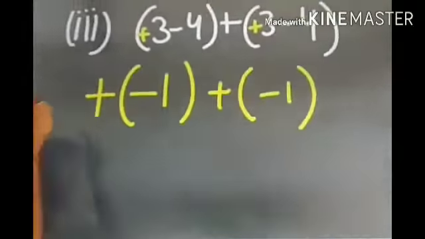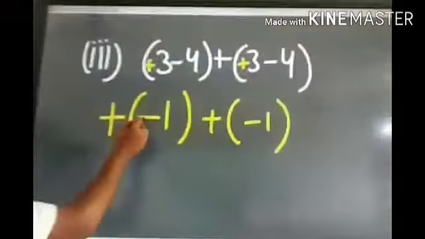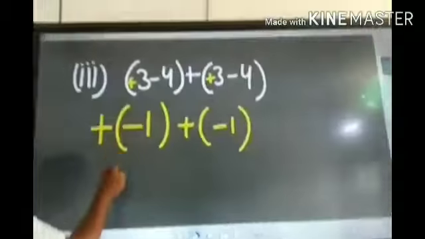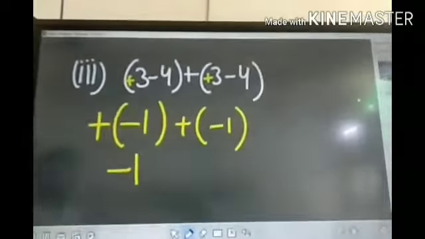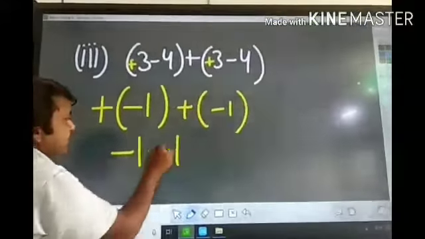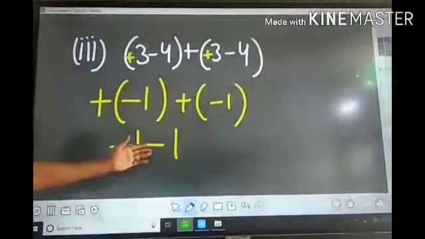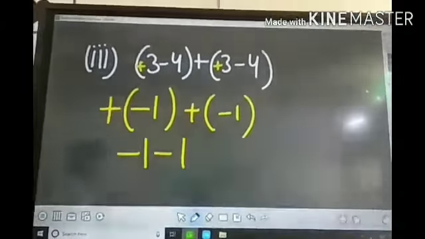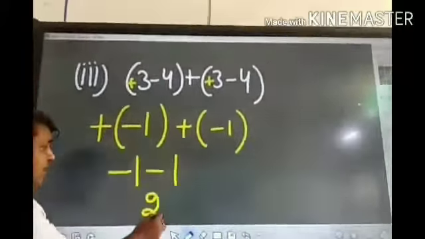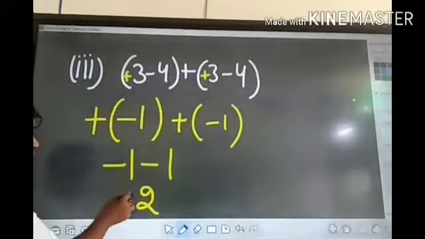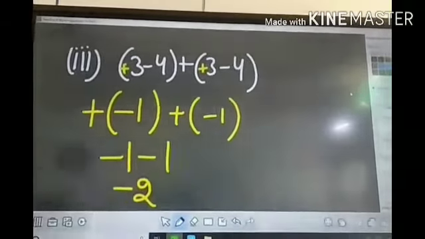Therefore, I will consider this as +1. Now, plus into minus is -1, and plus into minus is -1. Here you can see both integers are negative, therefore I will add them. 1 and 1, 2, and what is the common symbol? That is minus. So, the answer is -2.